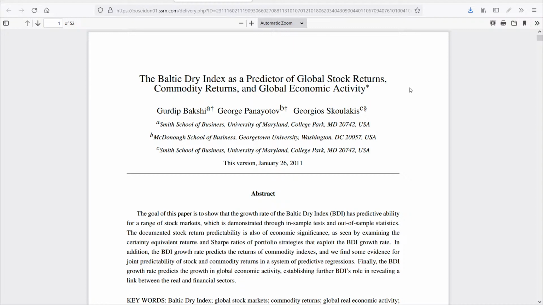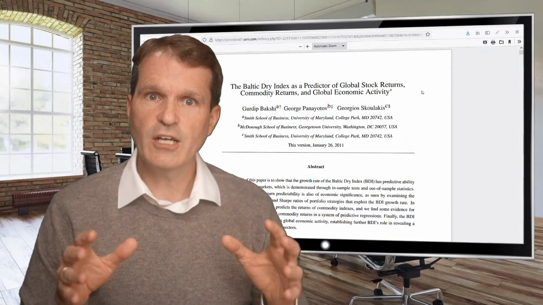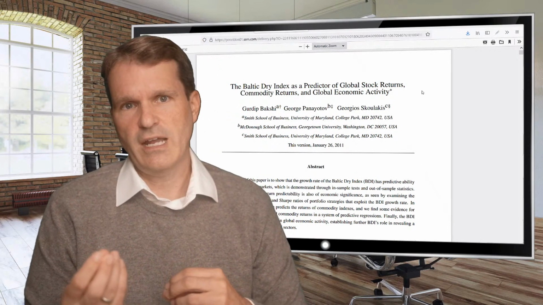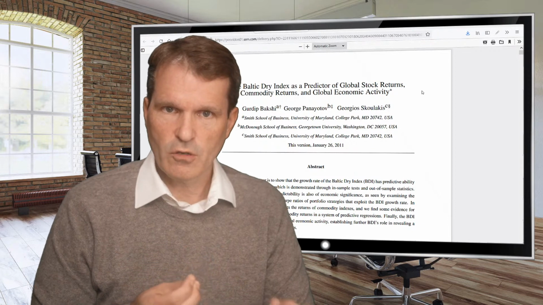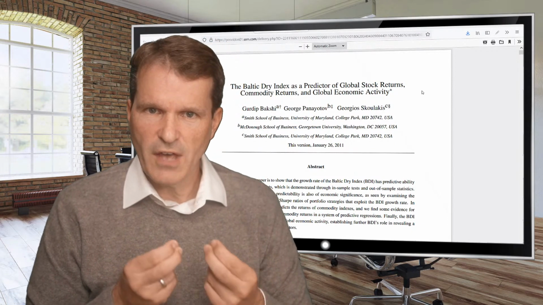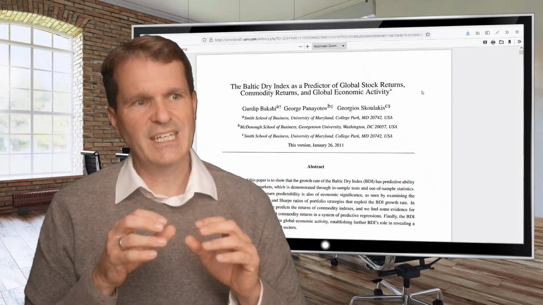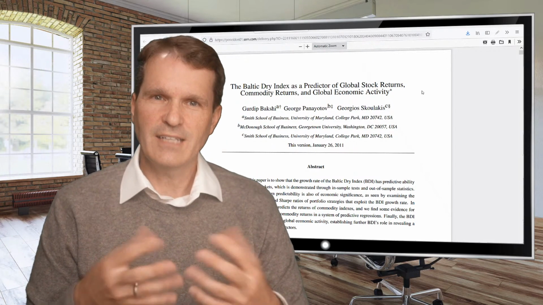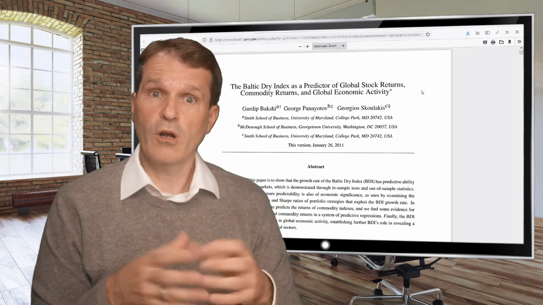It's around 10 years old, but it's still valid, and the outcome of this paper is that it shows from a scientific perspective that there is a high correlation between the leading perspective of the Baltic Dry Index and the global stock returns. So there is a lot of evidence out there that you can use the Baltic Dry Index as a leading data set in general for global markets.